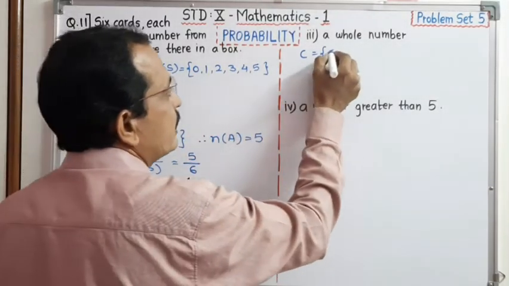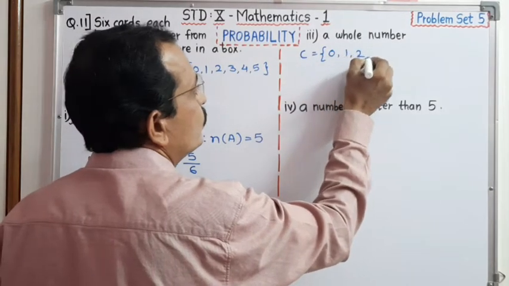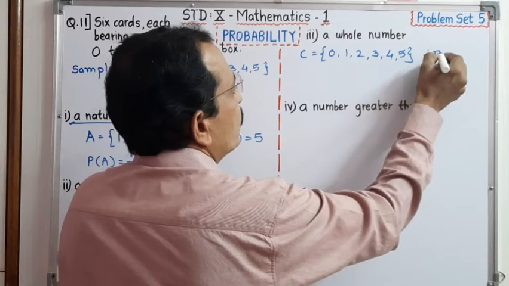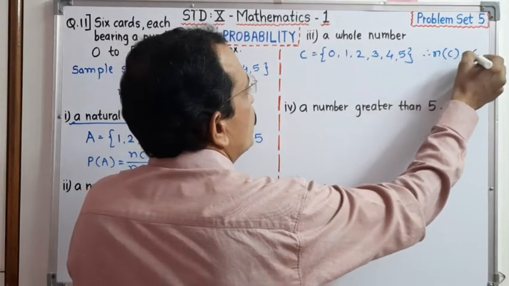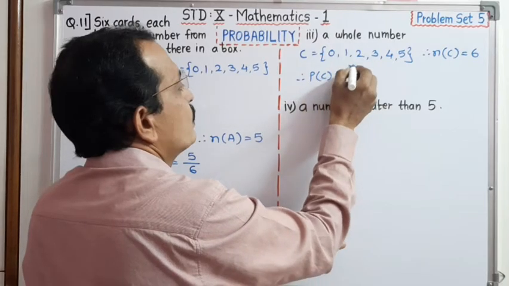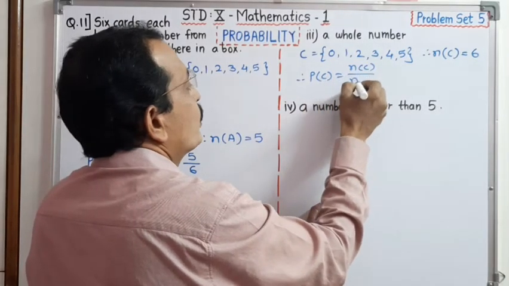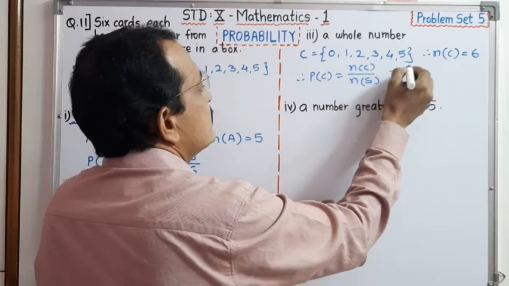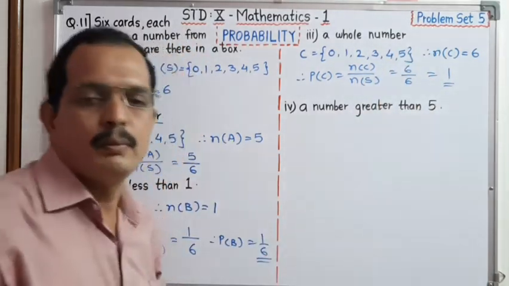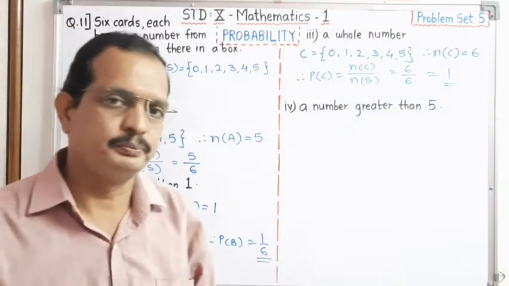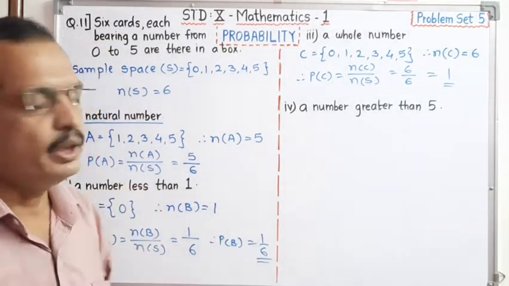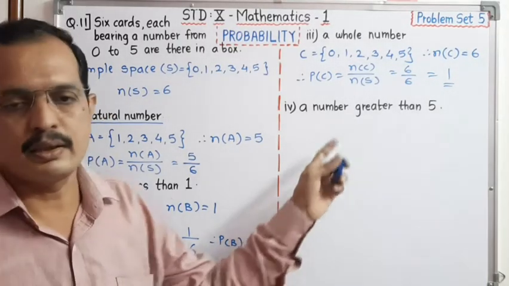And therefore we can write 0, 1, 2, 3, 4 and 5. Therefore, n(C) is equal to 6. And now the probability of event C is equal to n(C) upon n(S), 6 upon 6, dear student, the probability is 1.